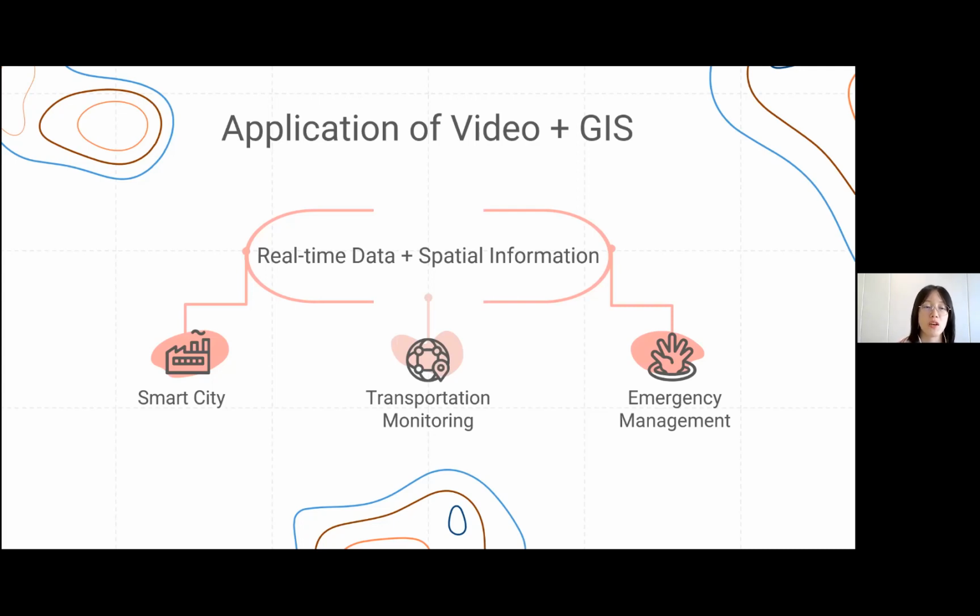And usually we would use this kind of technology for smart city projects, so that we can get real-time information of the city from our surveillance cameras, or we can also get some data from real-time transportation data, and then create a transportation monitoring system using the technology of video plus GIS.